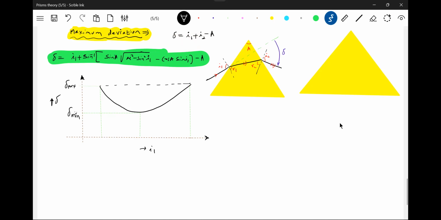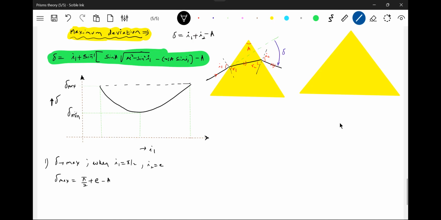So here we'll first put that deviation will be maximum when I1 is equal to pi by 2. Therefore the maximum deviation will be pi by 2 plus E, where I2 is called E, minus A. What is E that we have to calculate?